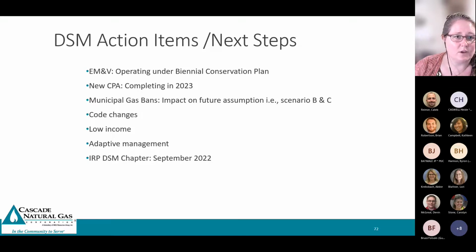Those types of code changes are really going to have an impact on what that potential is for those new programs, and we can incorporate that into the conservation potential assessments as we move forward. The last one did account for some of the code changes from that 2018 residential code update.